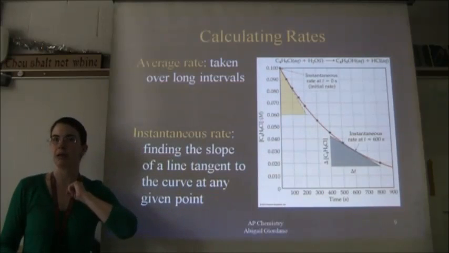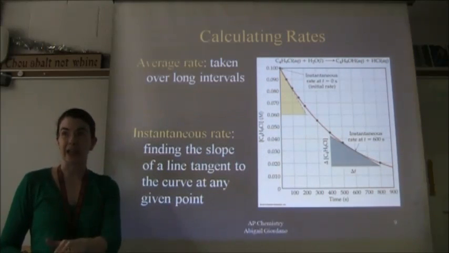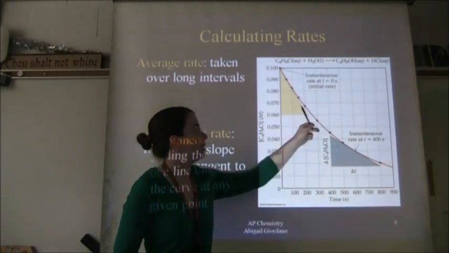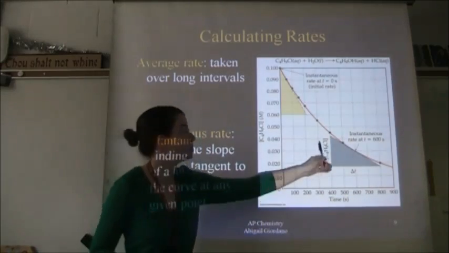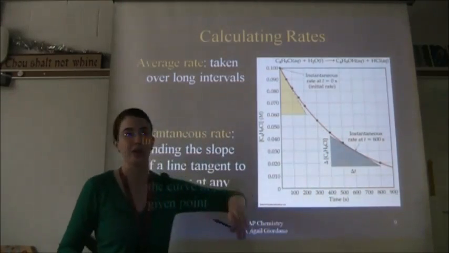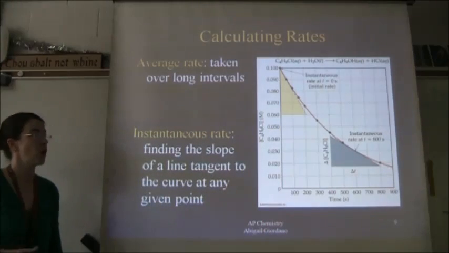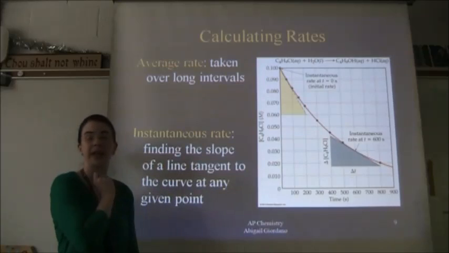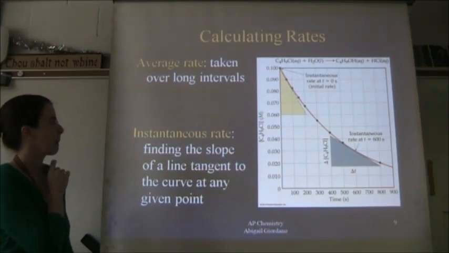What is the speed? If we were going to do this graphically, you would pick a point, whatever time they're asking you about, draw a line tangent to the curve, and you would do some trigonometry to figure things out. We're not doing it that way. That is one way to calculate an instantaneous rate, but we're not doing it that way.